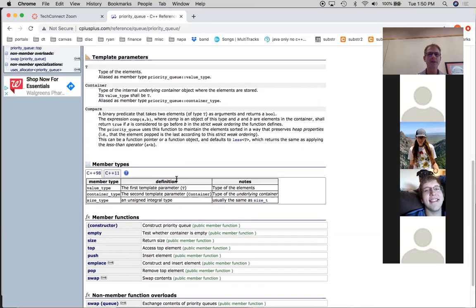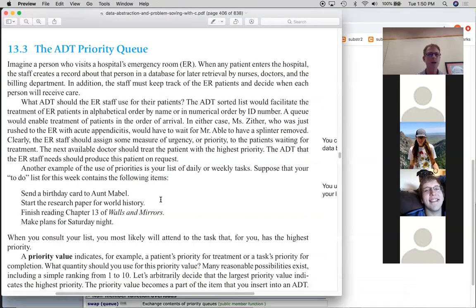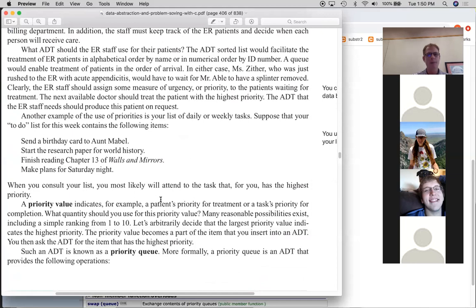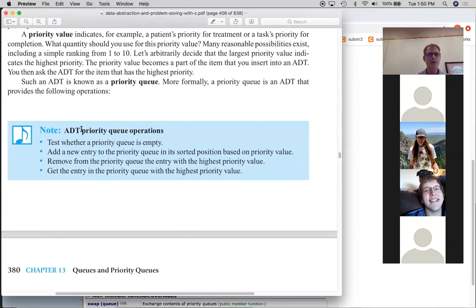Okay, let's go back and look at the text a little more. Here's how the text is going to describe the operations. Add a new entry to the priority queue in its sorted position based on priority value. We're not going to worry too much about the implementation for now.